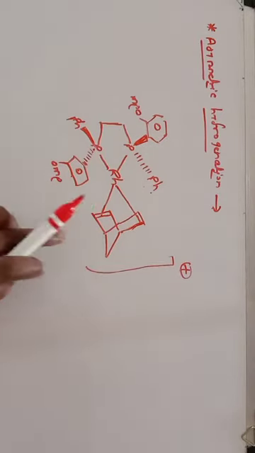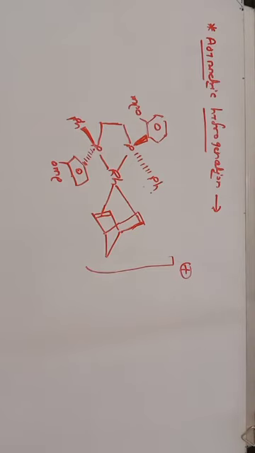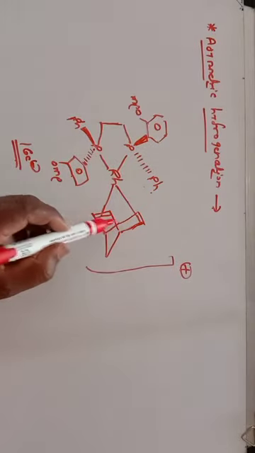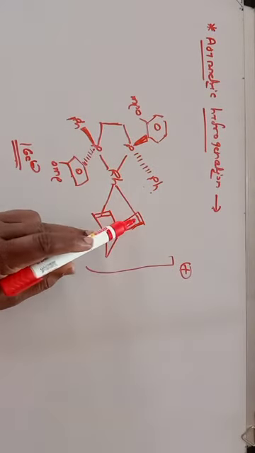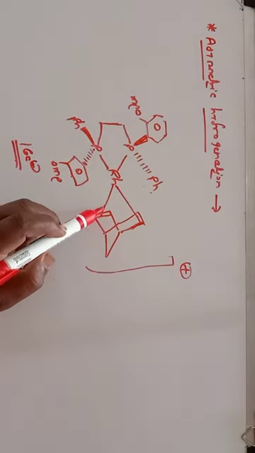The other ligand, norbornadiene, is also attached to this rhodium, and if you count the electrons, it is a 16 electron species. This norbornadiene double bond contributes 2 electrons, and this contributes 2, so total 4.